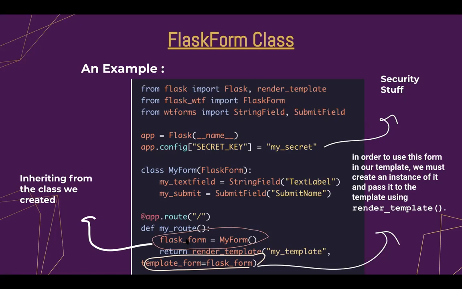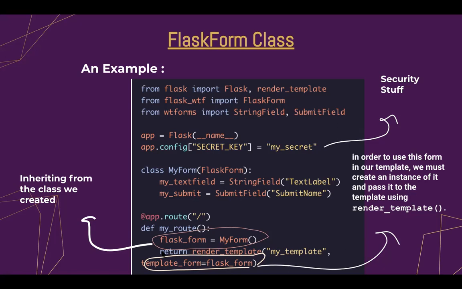For example, here in the home page or index, we're inheriting from the class we created. And then we're returning the render HTML template, which we had before. We're just rendering the HTML. But there's something new: template form equals Flask Form.